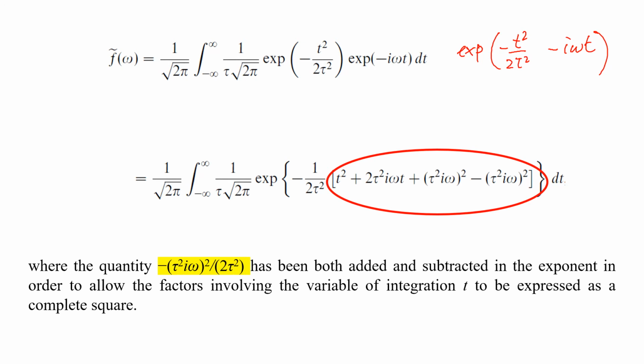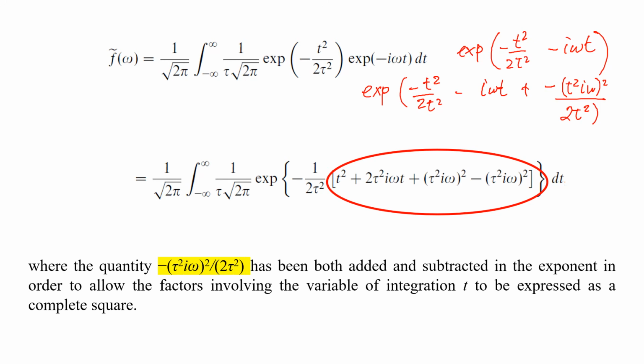So just going back one step up, what we have is your exponential of negative t squared over 2 tau squared minus I omega t. So we added negative tau squared I omega squared over 2 tau squared, and we also subtracted the same function.